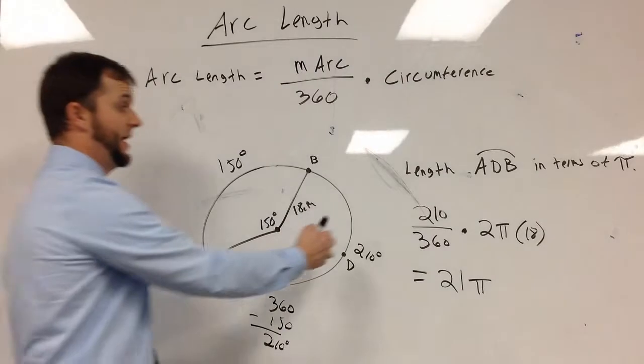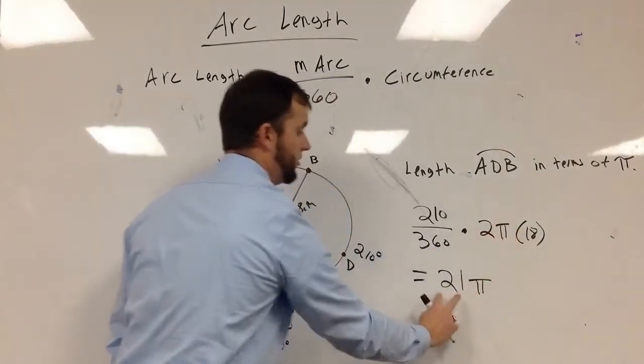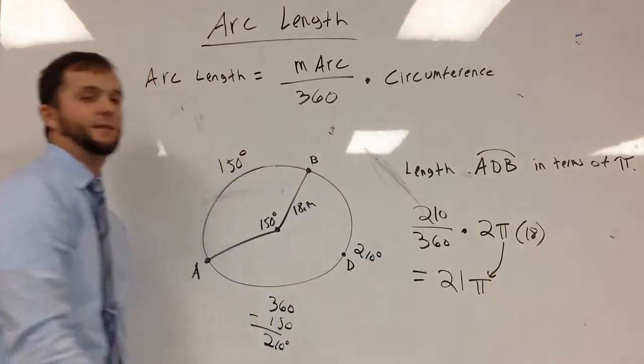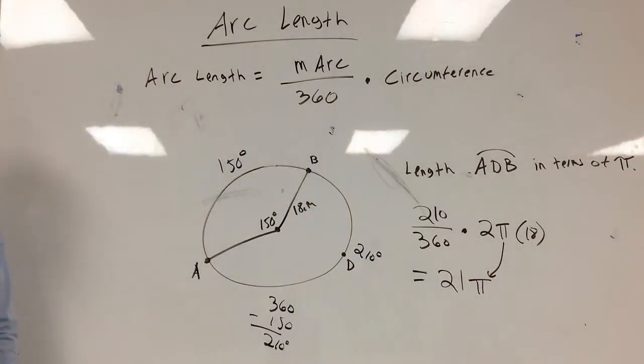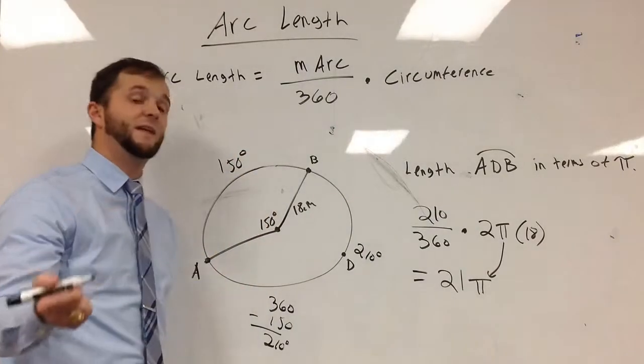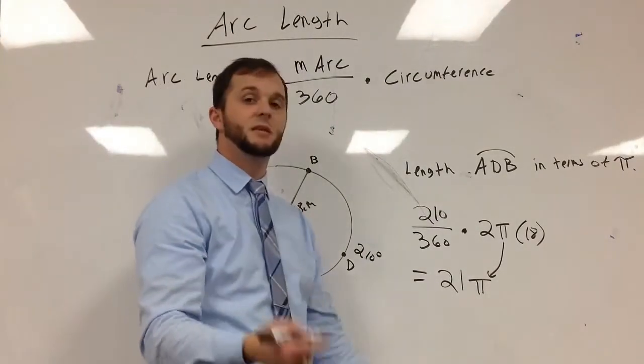If I multiplied everything out and left the pi alone, it would come out to be 21, and then I would just tack the pi on at the end. So ladies and gentlemen, this is a brief example on how to find the arc length. If I wanted to find the decimal, I would just multiply this out to give me the length.